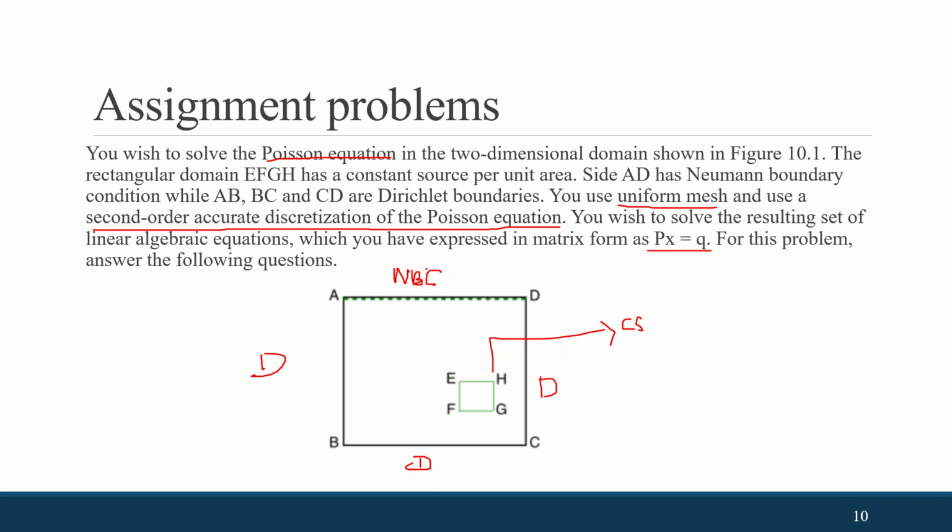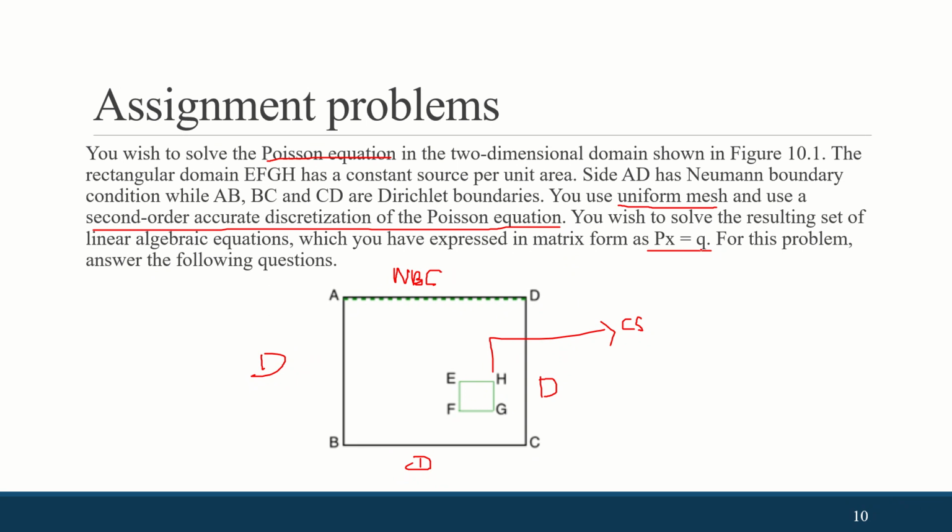It is that we have a flux value given, or we have the value for the derivative form on that side AD, whereas in AB, BC and CD we have direct values given for the system. That's why we have Dirichlet boundary conditions on those three sides.